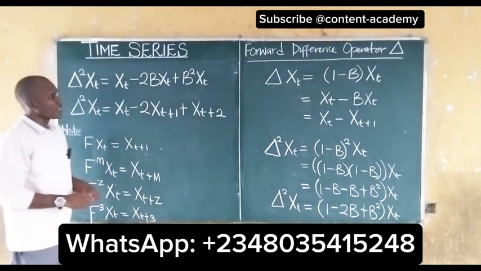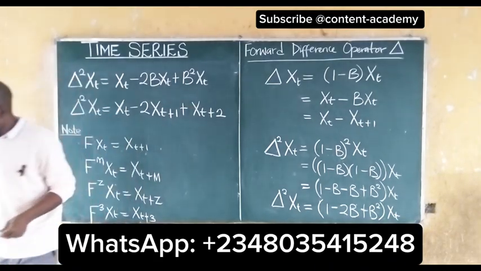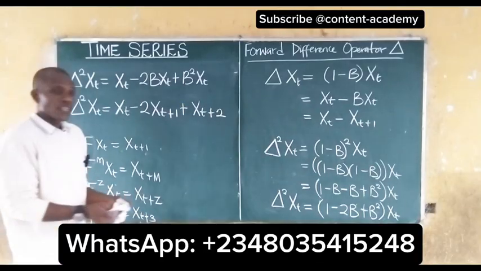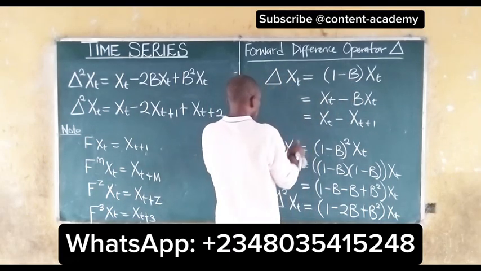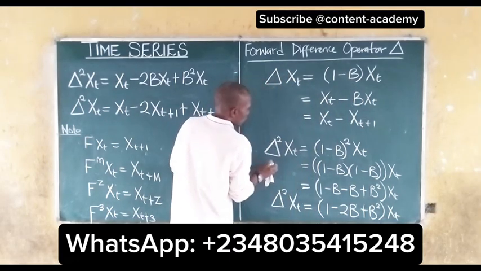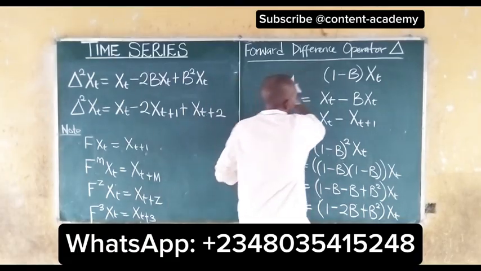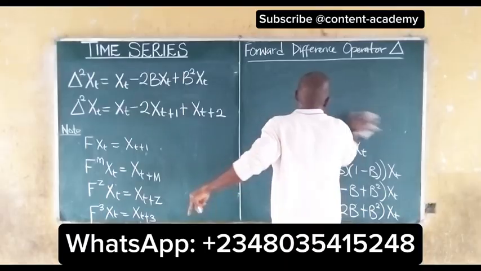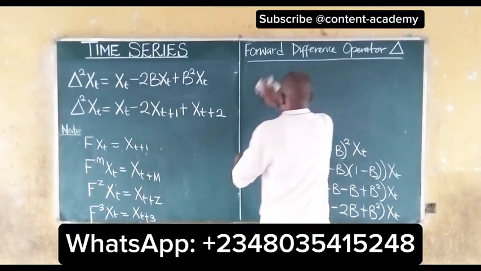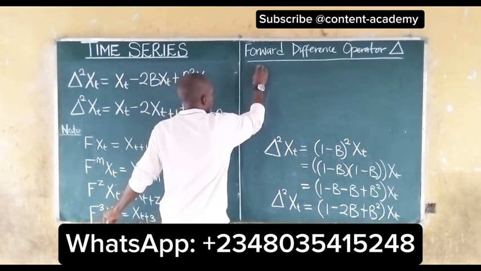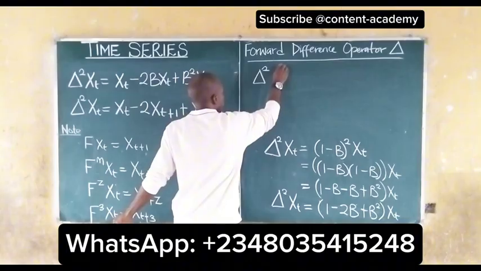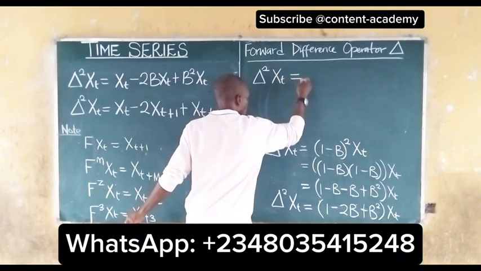Now, why I said this difference operator, you can work it out by using F. It doesn't mean the B is used here. So we can still work this out. For example, let's take a similar question. For example, we have our forward operator to be F, so that we don't get confused.